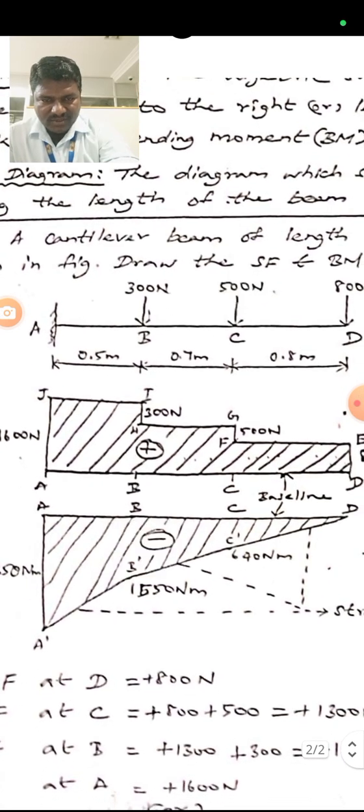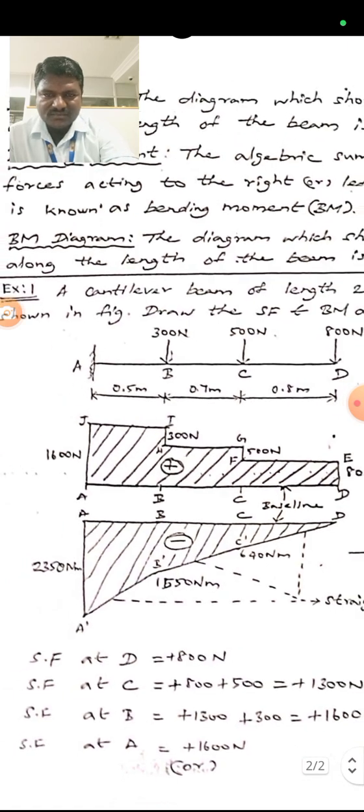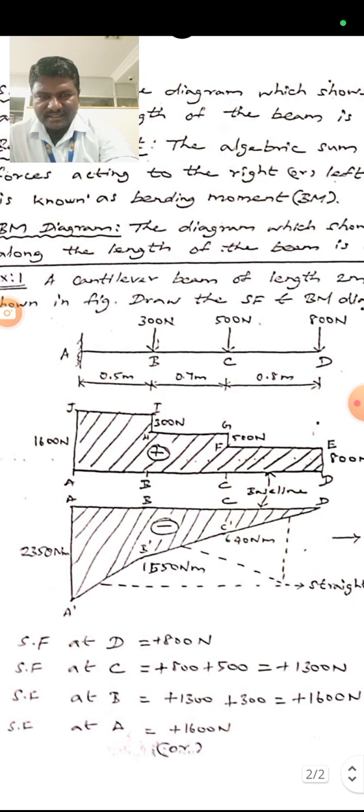As I already told you, draw the zero line; above the zero line is positive and below is negative. All the values are negative, so mark the points below the zero line and you can easily draw the bending moment diagram. Finally you get the shear force diagram and bending moment diagram. Thank you, students.